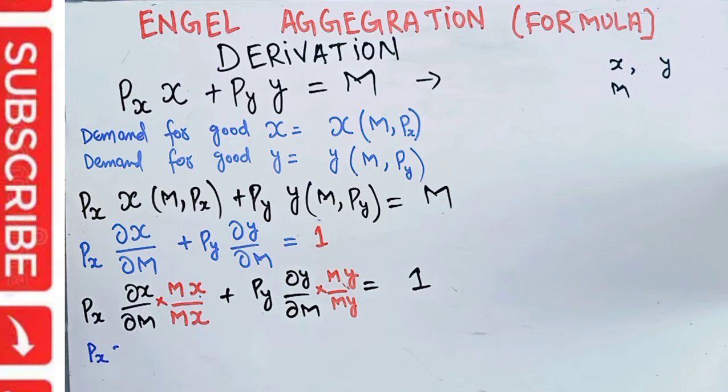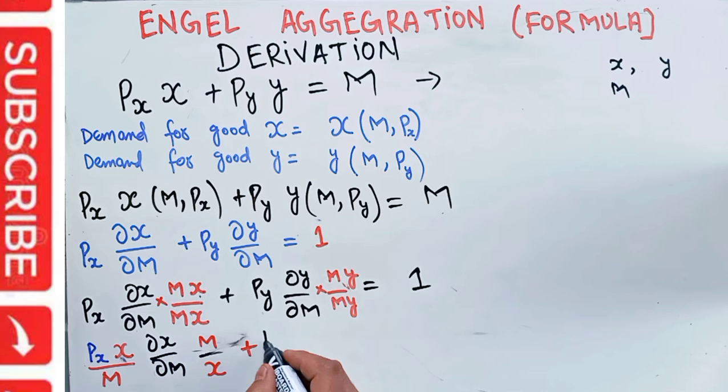So we have price of X into X, divided by this M, then I am left with del X upon del M into this M upon X. And similarly I will do the same thing here.